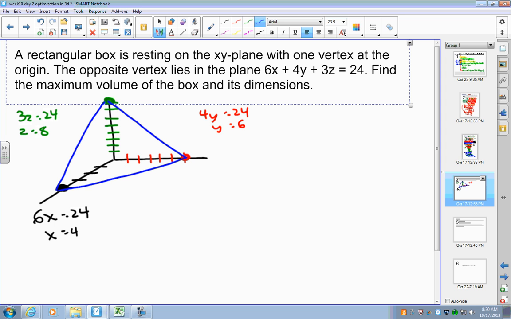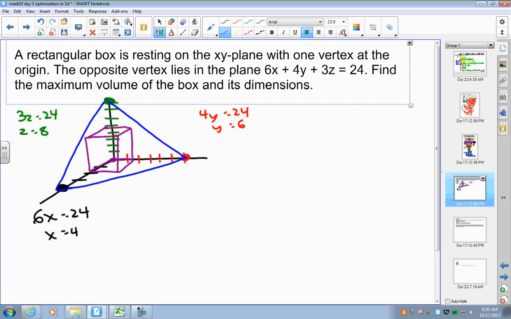Okay, and then my box, let's see if I can draw this. My box is inside the kind of zone in there. The origin is right there, and there's a corner there, and it kind of goes like this, and then up until it hits the plane, and then it gets tucked in like that.